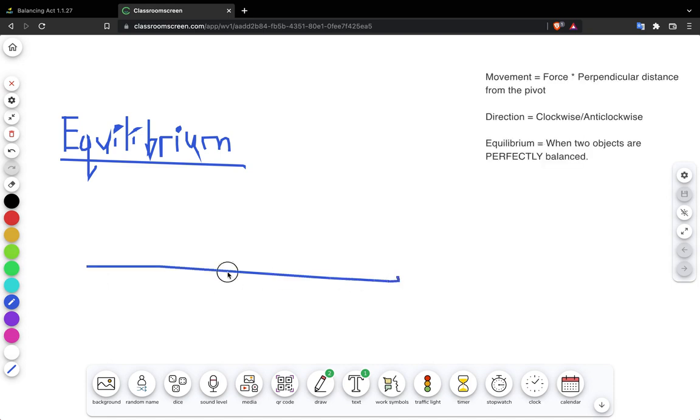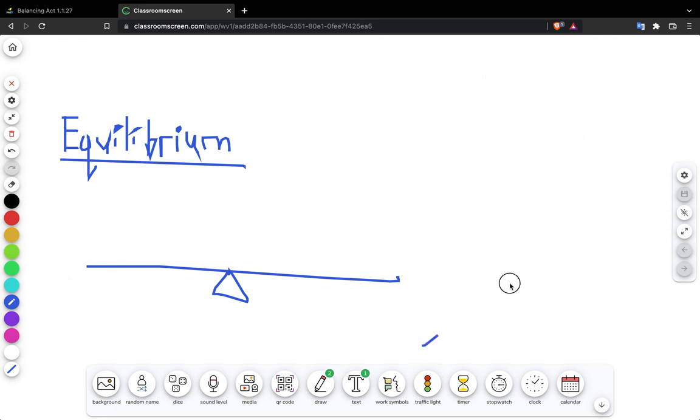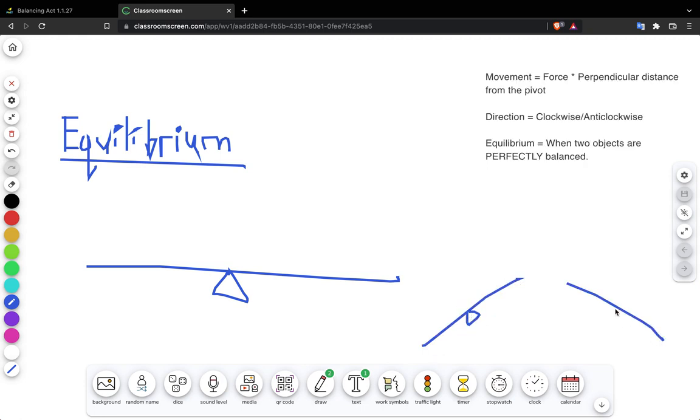Now, for example, let's just take the seesaw example again. Here you go. Imagine that the seesaw isn't moving at all. It's not bending towards one side or towards the other side. No, it's just completely in equilibrium.